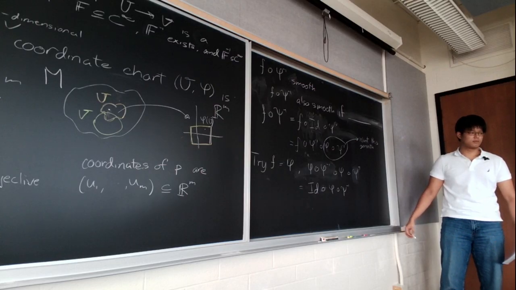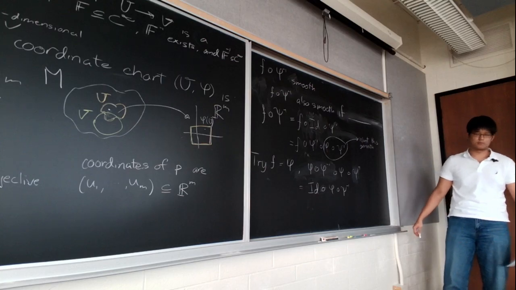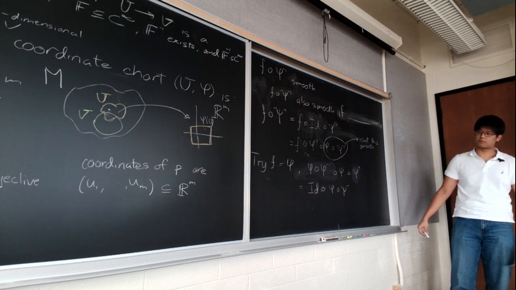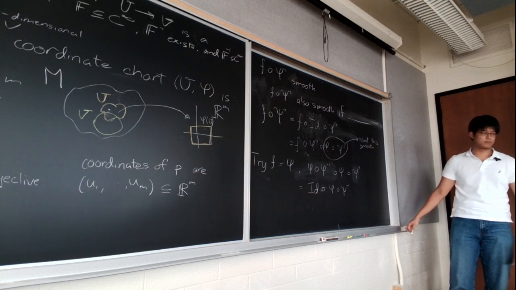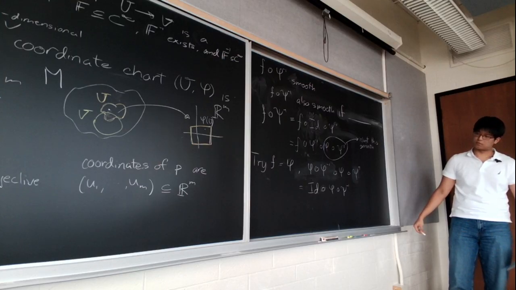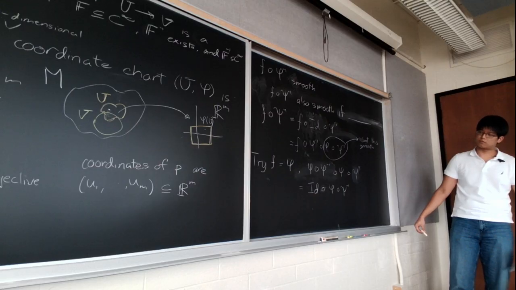So you want that condition to work for any F, and you want to show the necessary part. If that condition holds for any F, then surely it holds for that F. So by picking that F, you're using the fact that F can be anything. And with this choice of F, you get that it's necessary. If that is true for any F, then it's necessary that phi composed with psi inverse is smooth. Yes.